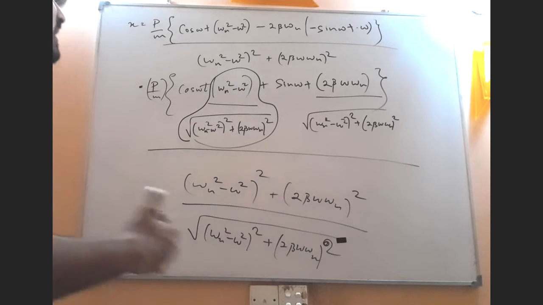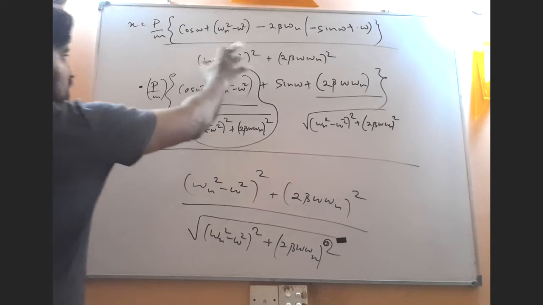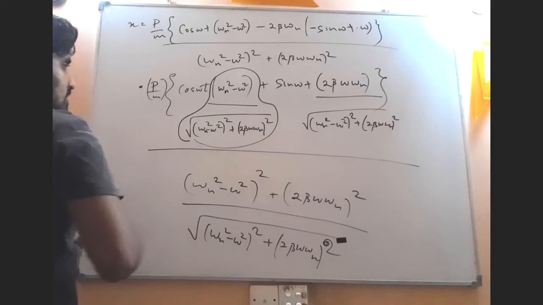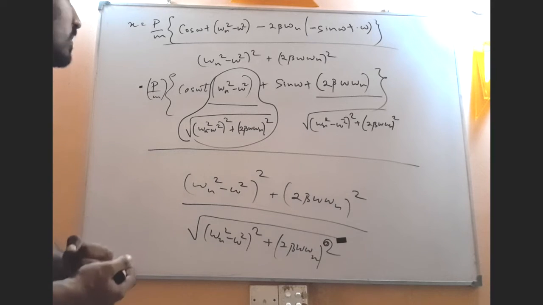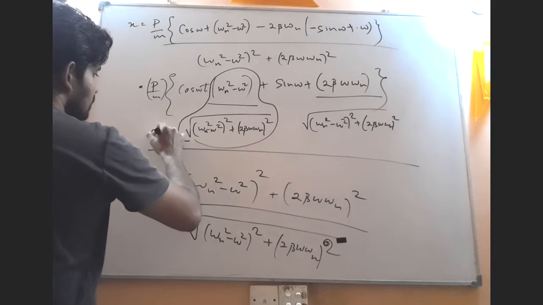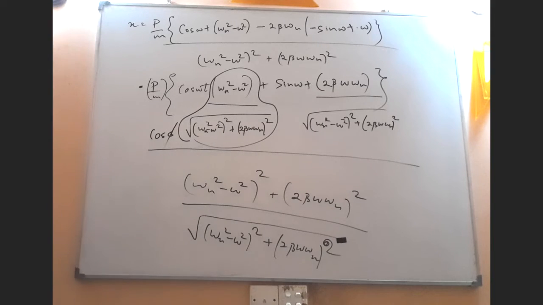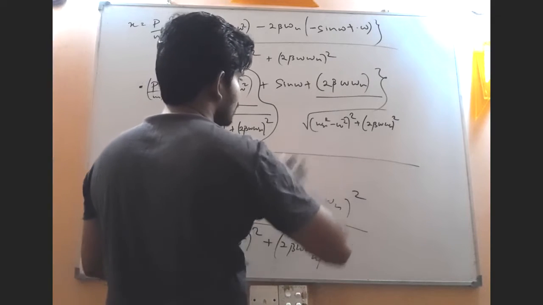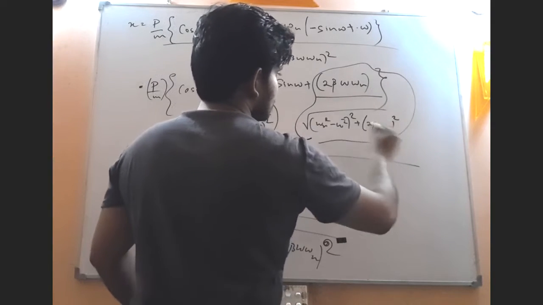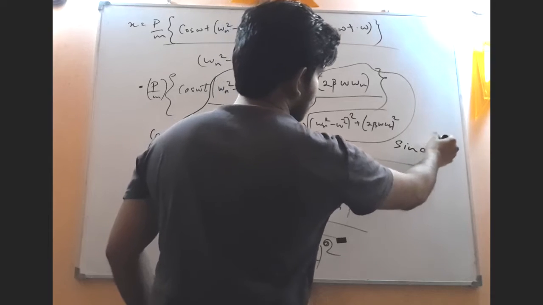Okay, so now let's consider this part as a cosine term. Let's say this trigonometric ratio, let's call it cos phi, right? So let's say this trigonometric ratio as sin phi.